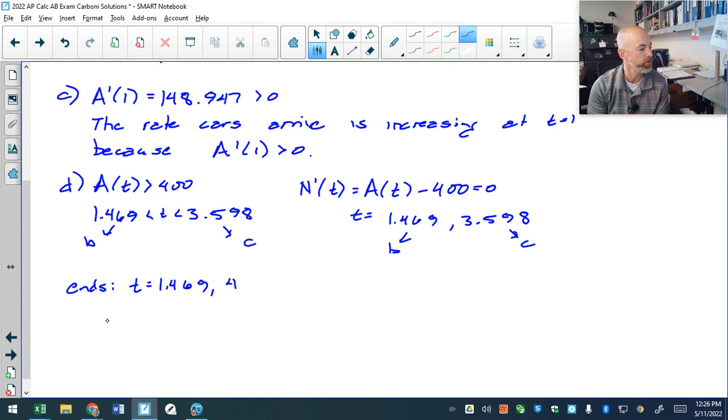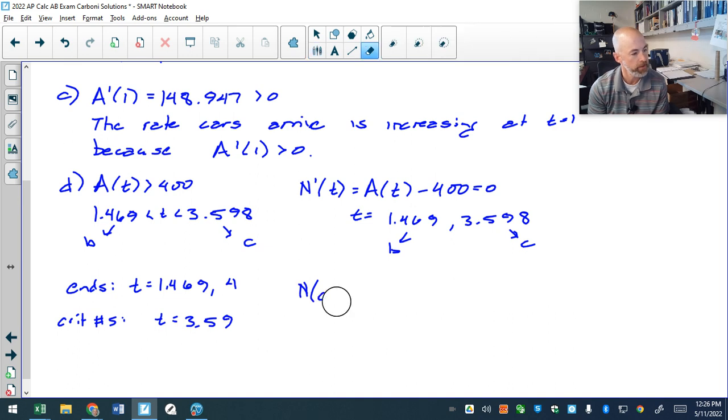And also my critical numbers, which happen at t equals 3.598. And then for the greatest number of vehicles, I'm simply going to find the number of vehicles at each of those candidates. So my number of vehicles at B, which is 1.469, will be the antiderivative from A.